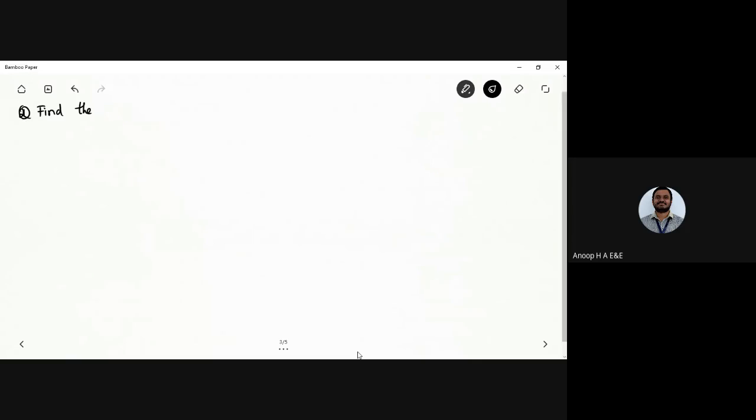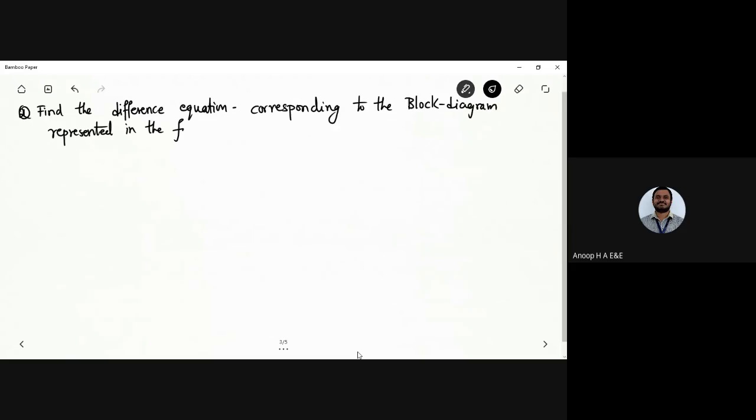Find the difference equation corresponding to the block diagram represented in the figure below.